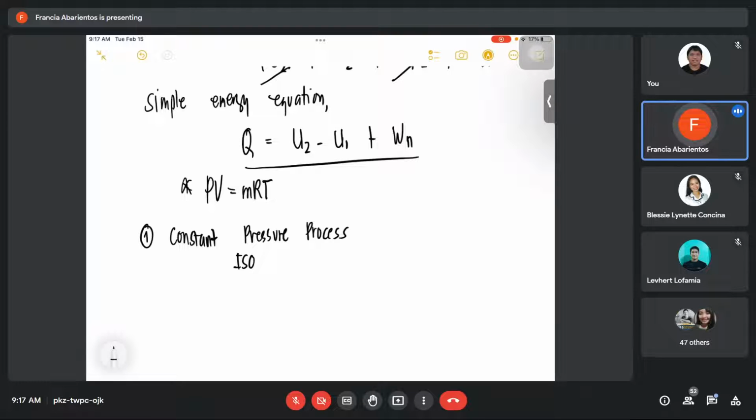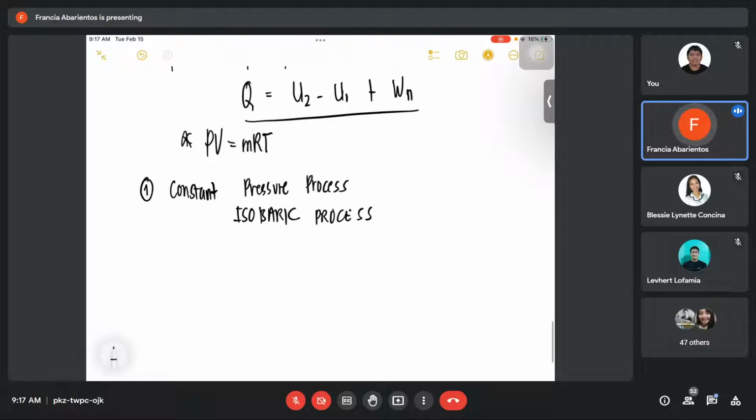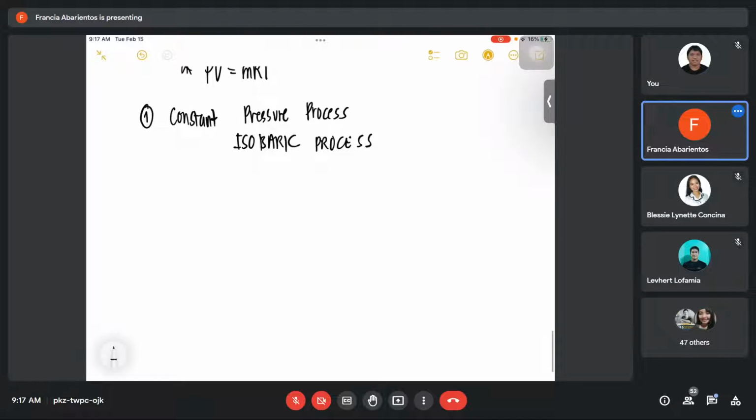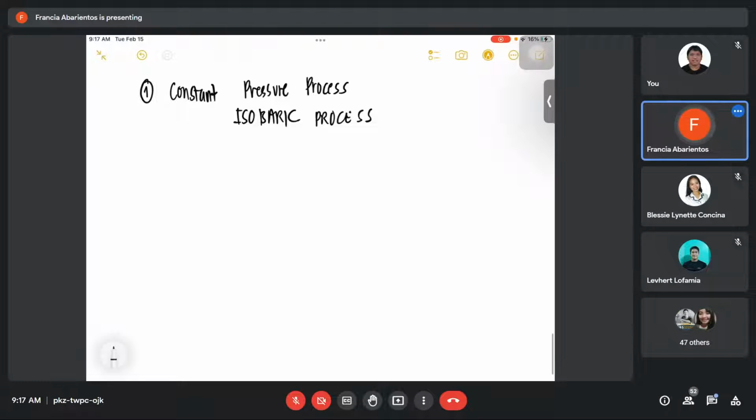That is correct. Okay? So, in a constant pressure process class, that is called an isobaric process. Okay. So, sa isobaric process class, papakita ko to yung PV and the TS diagram during the isobaric process. So, ano yung process niya sa PV and TS diagram niya? Okay.